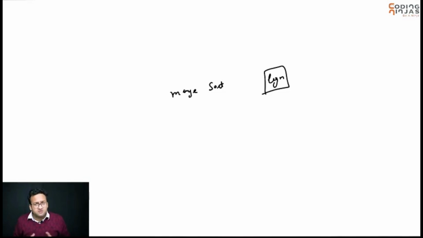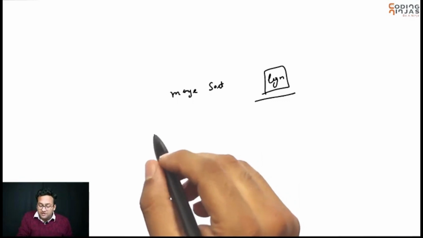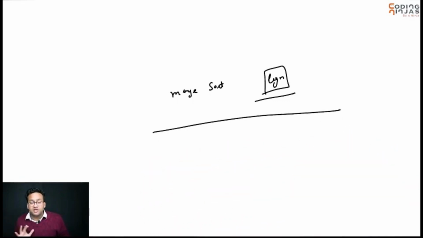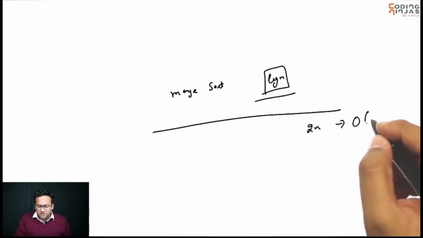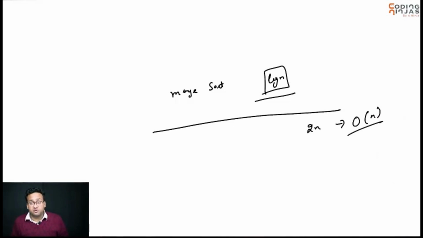The space requirement is more than log n because each function is not storing a constant amount of memory, it is storing some extra memory, and we added all that memory to reach our conclusion that the total memory requirement is 2n, which basically means we are big O of n in terms of space complexity. So that's how we are able to do it for merge sort.